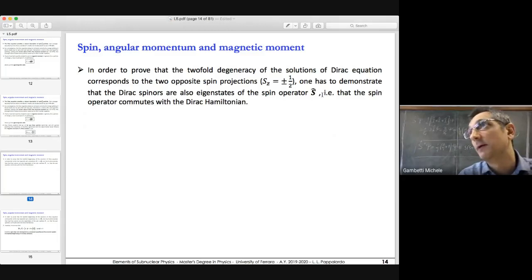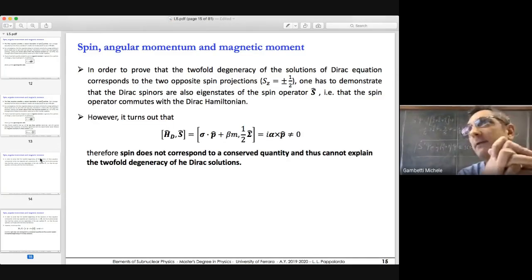Or in other words, one has to show that the spin operator commutes with the Dirac Hamiltonian. If you are able to prove this, then you are done, because then the spin is a conserved quantity. It commutes with the Dirac Hamiltonian. It has two values, up and down, or 1/2 and -1/2. So it can be indeed used to interpret your two-fold degeneracy.